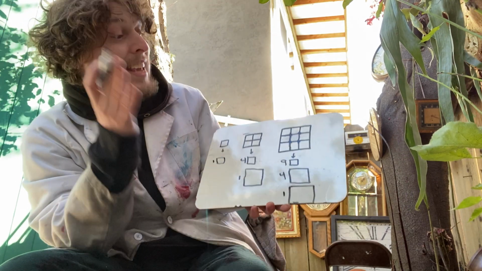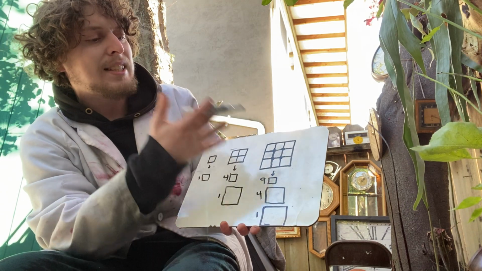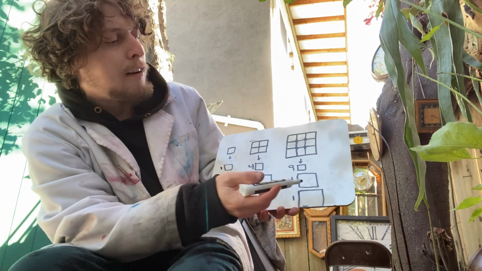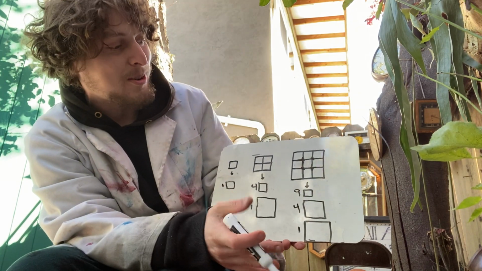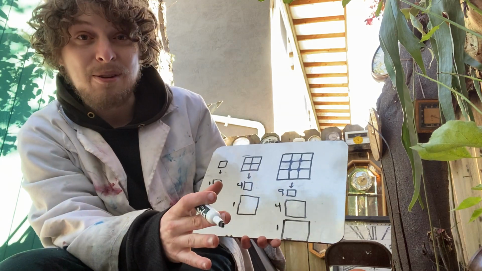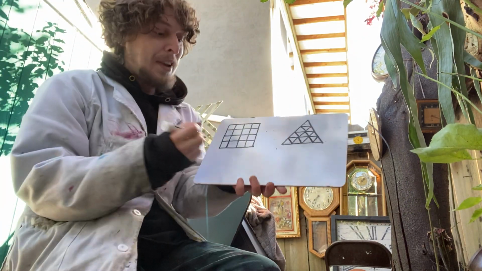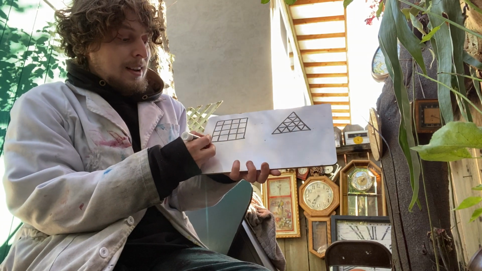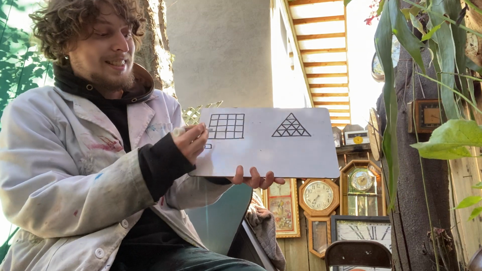And altogether, what we have is that for a square of size x, we're going to have the sum of the first x square numbers as the total amount of squares. So on this larger example, we're going to have how many littles? The 4th square number, 16.